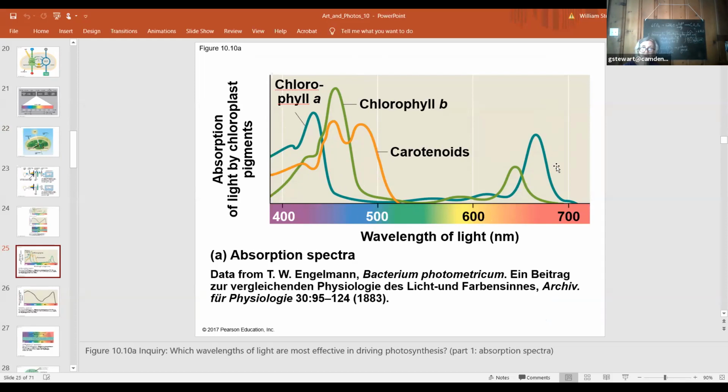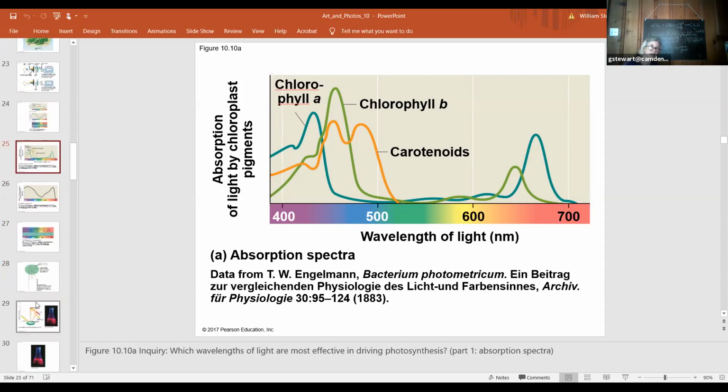And then there's another little blip here out at sort of orange-red. Chlorophyll B, the peak of chlorophyll B is offset a little bit more toward the blue and a little more toward yellow-orange. The carotenoids, these are other pigments, and you can see they also mostly absorb here in the purple to blue. They're reflecting green. They're not using green. They're sending those wavelengths back out, and that's what we see. That's why we see plants looking green.